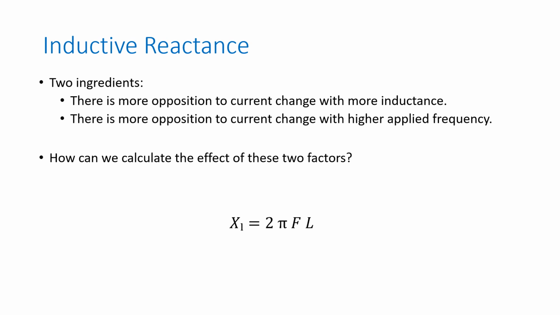And what you should be able to tell here is this never changes, but these two do. If either one increases, the reactance increases. If you increase the frequency, or if you increase the inductance of the coil, the reactance is going to go higher.